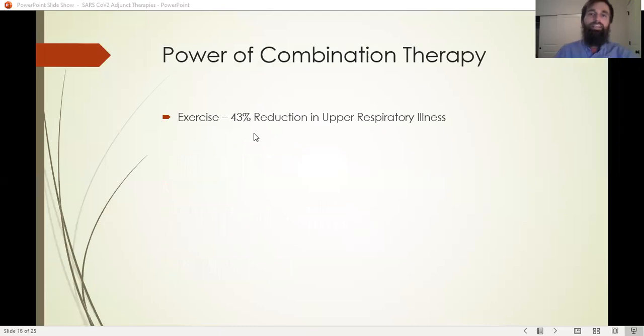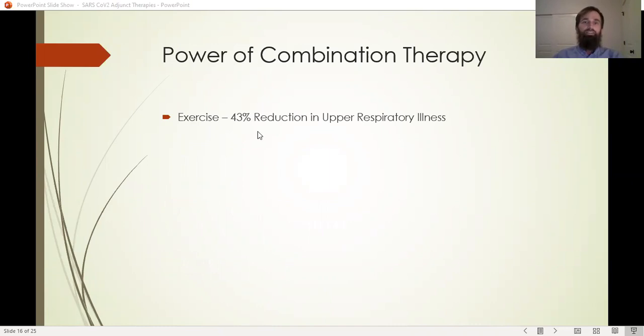So in conclusion, I'm going to just talk about the power of combination therapy. It's not really a specific term, but I'm just using that to describe combining all of these therapies together.